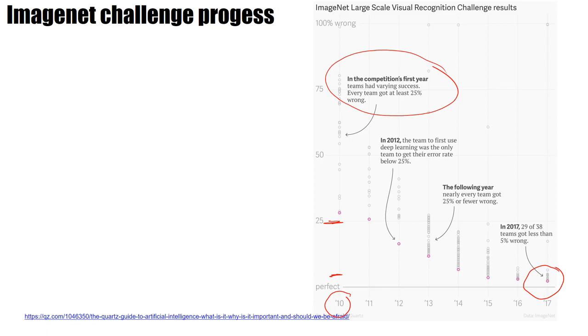A really amazing progress, and that was achieved by the switch from standard computer vision tools to image recognition with convolutional neural networks simulated on big computers with lots and lots of data.